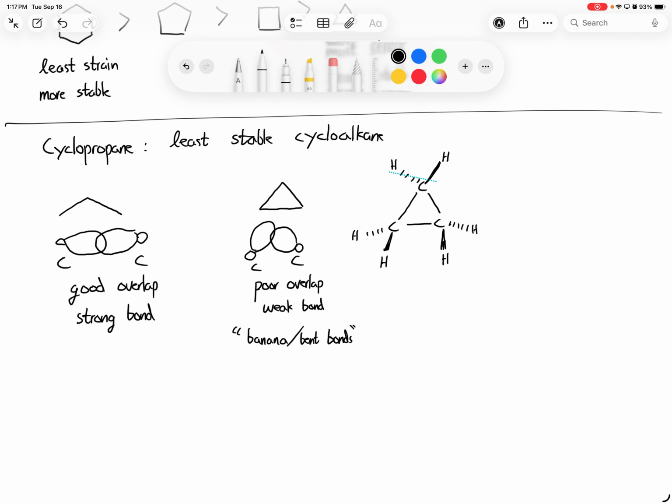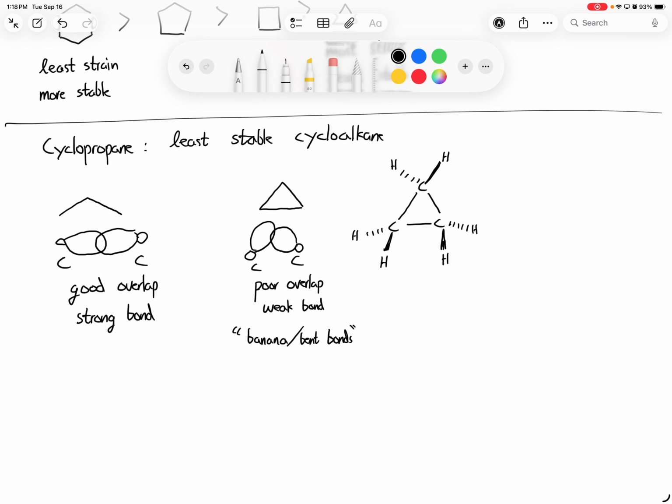What do you think the bond angle is for each of those carbon atoms? They're not 120. Think about this: it's a triangle, right? All the angles must add up to what total? 180, okay?